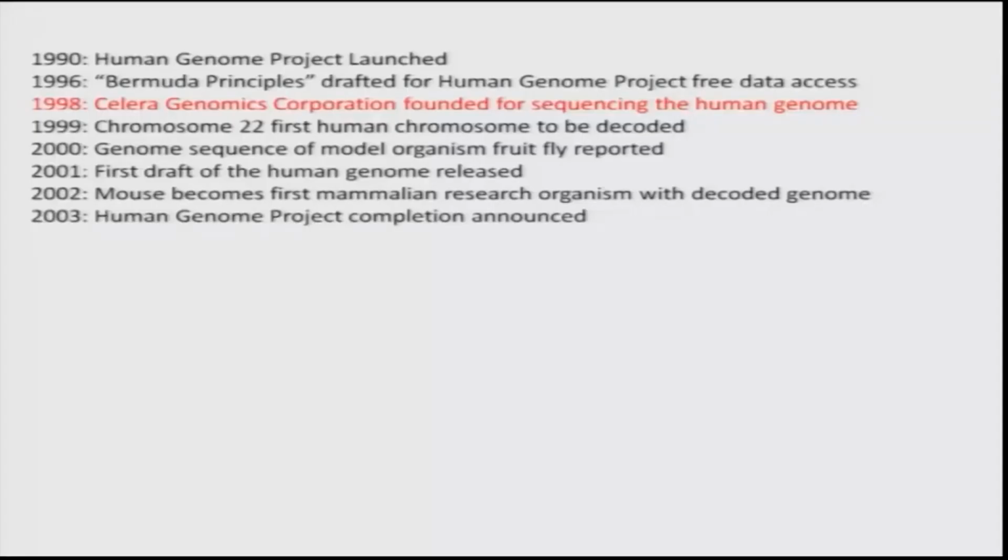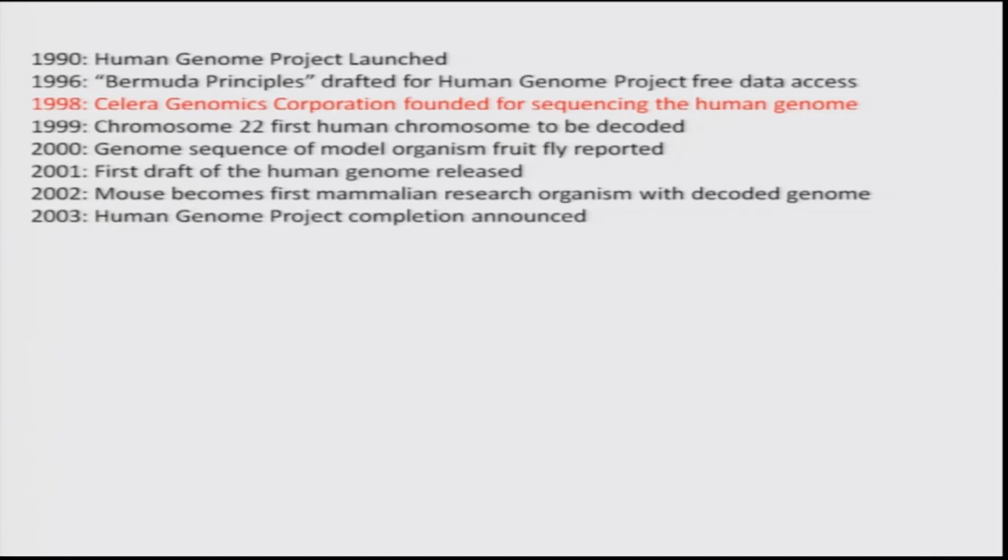That's what is shown in this slide. In 1990, the Human Genome Project was launched. In 96, the Bermuda Principles were drafted for the Human Genome Project, saying that the data generated is free for everyone. Since it is free for everyone, there are also people who are interested in understanding the data and using it from a commercial point of view in terms of therapy or drugs and so on.